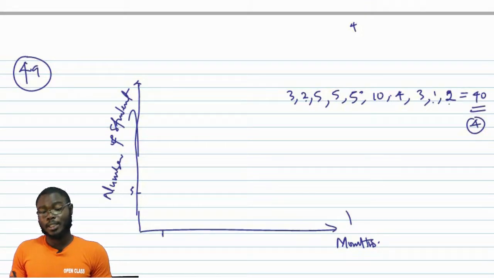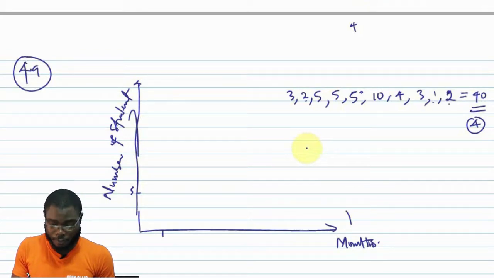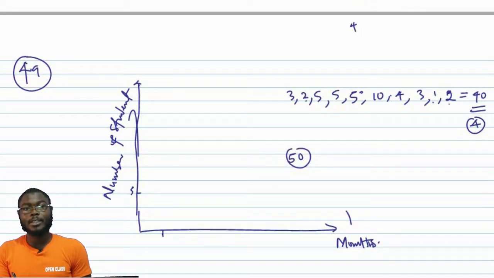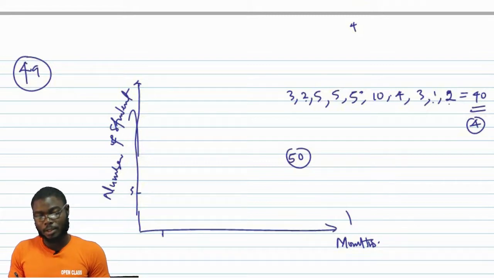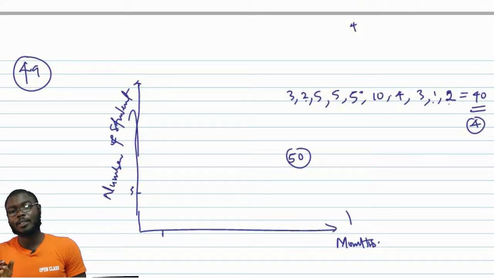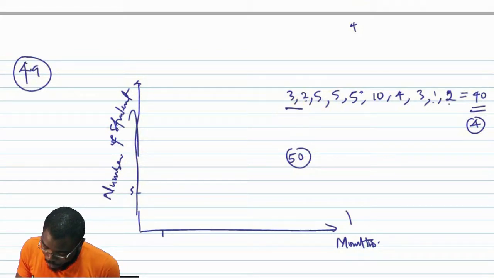Now, because it's a joint question, I'm just going to solve it right on this same screen. I'm going to solve 50 together with it. So in 50, you have to determine the mean score of the students that took part in the test. Remember that our mean is the sum of fx over sum of f. So I will still make use of this.